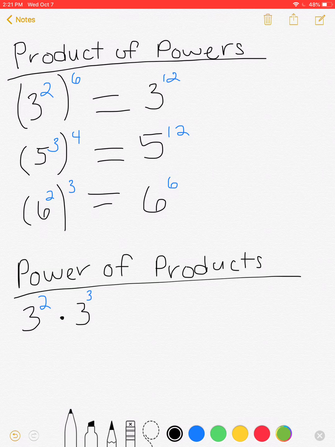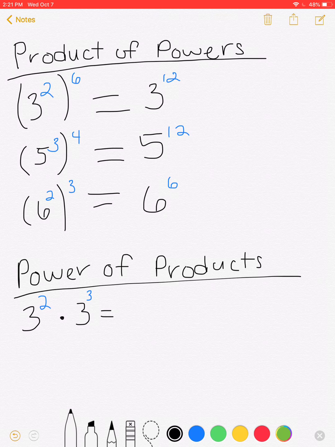It's important that both of the base numbers, this 3 and this 3, are the same. So both of the base numbers are 3's. This only works if the base numbers are the same number.